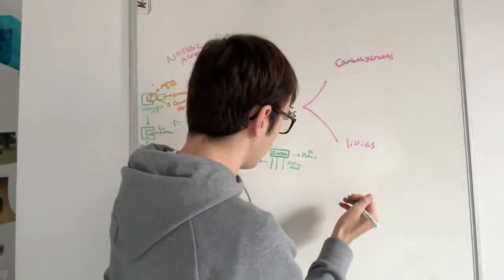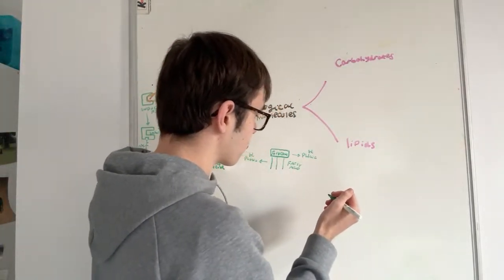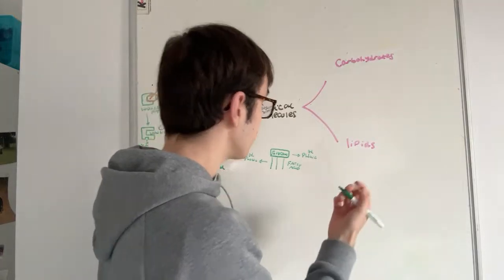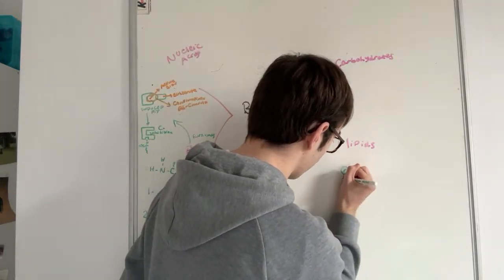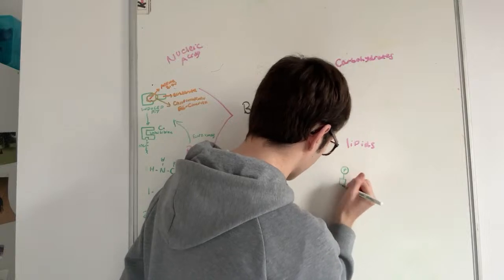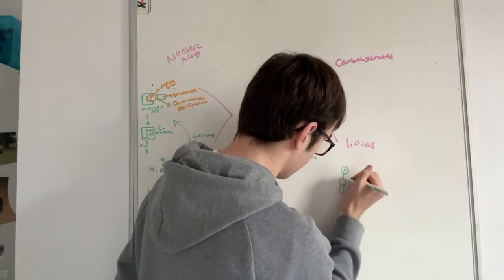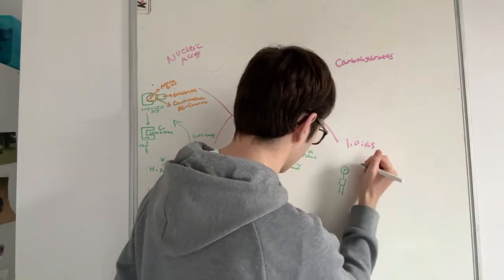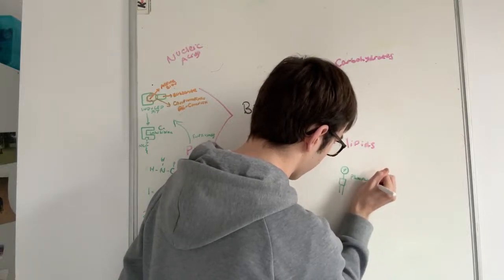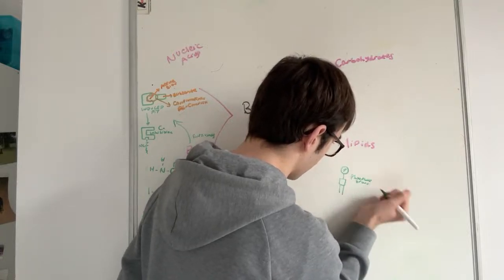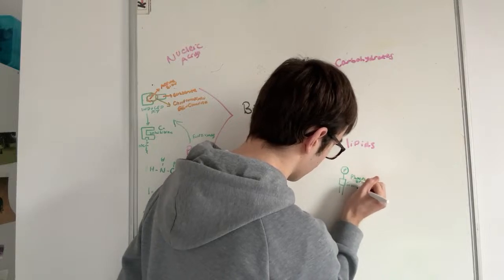We do a lot more on, what's it called? Phospholipids. That's the one we do more on. I believe this is kind of the structure here. Phospholipid. You've got your phosphate group, your glycerol.